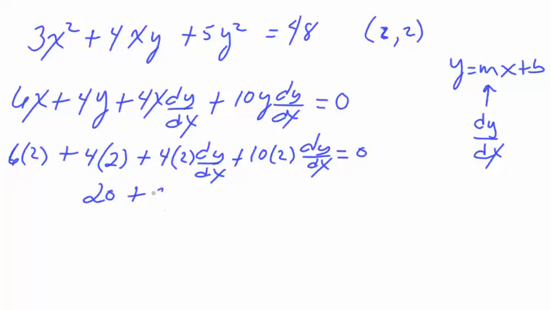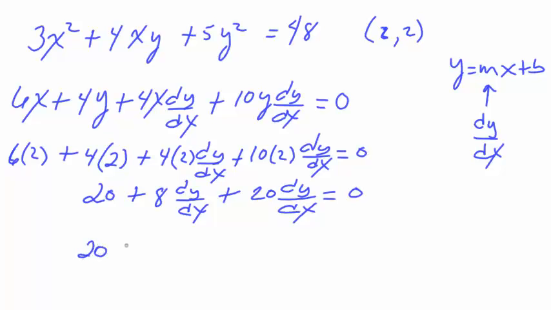So let's simplify it down a little bit. We have 8 dy over dx plus 20 dy over dx, and of course we can add those together, so this becomes 20 plus 28 dy over dx equals 0.